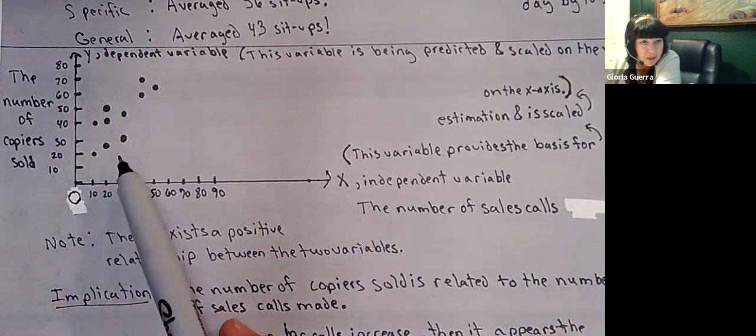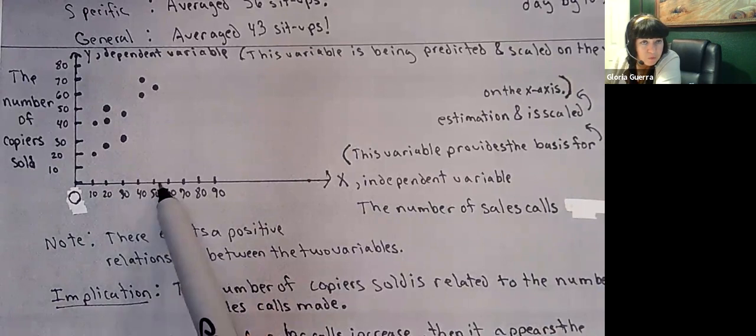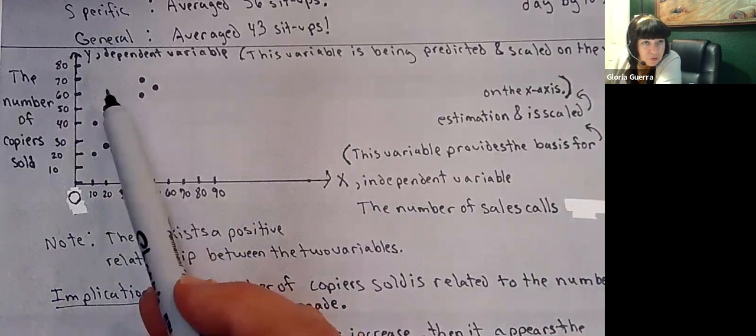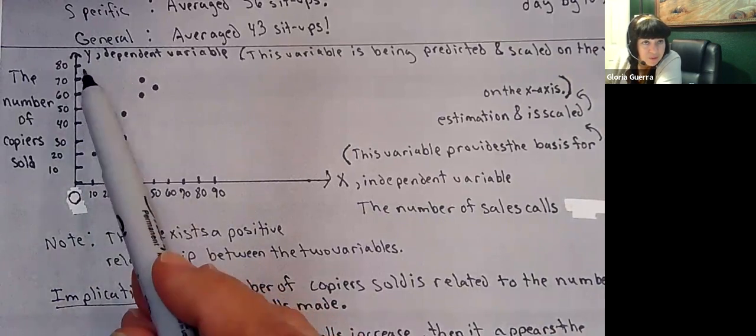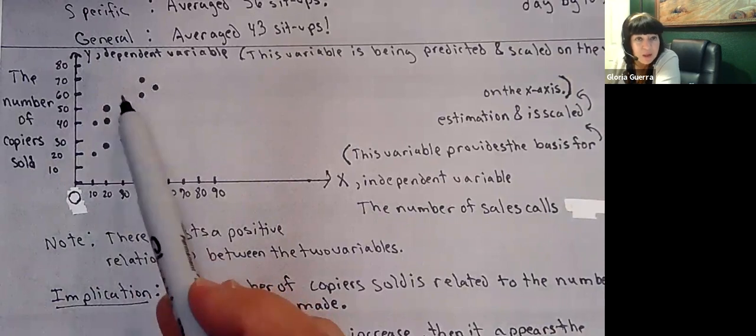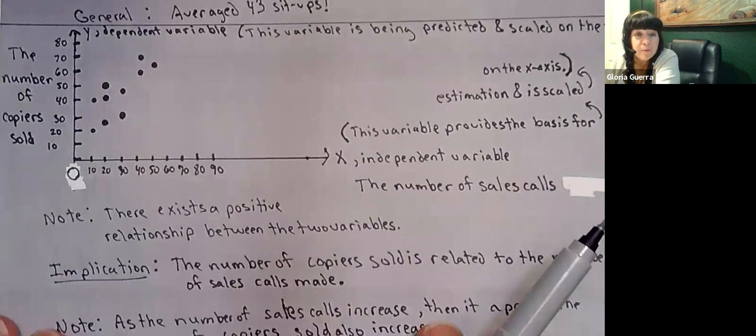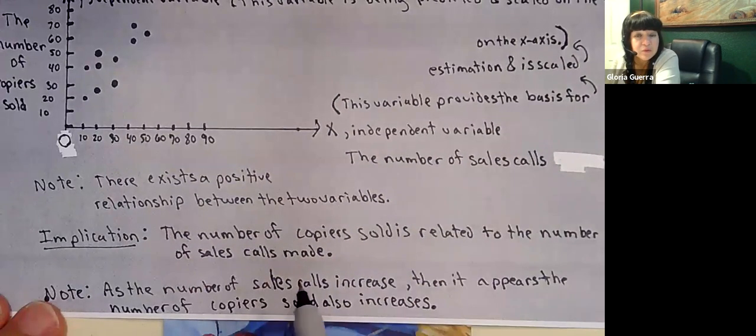But the more phone calls they made, like this group over here that made between 40 to 60 phone calls, look how they sold between 60 to 70 copy machines. So as the number of sales calls increases, the number of copy machines sold also increased. The number of copiers sold was related to the number of sales calls made, right?